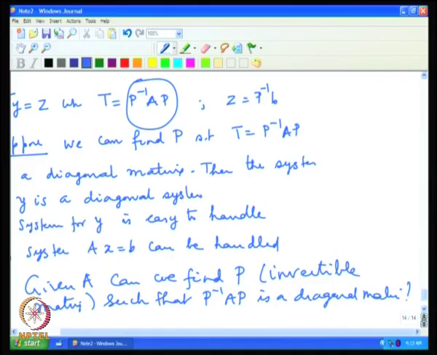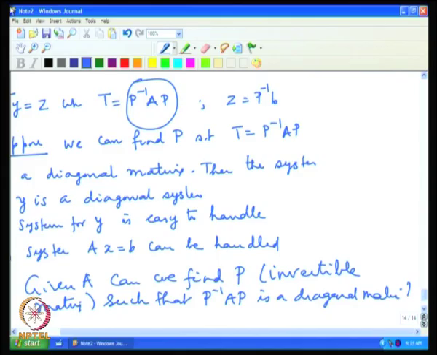This is another fundamental question in linear algebra. This is called the diagonalization process of a matrix, and we will look at the answer to this question as we go along, as one of the most fundamental problems in linear algebra.